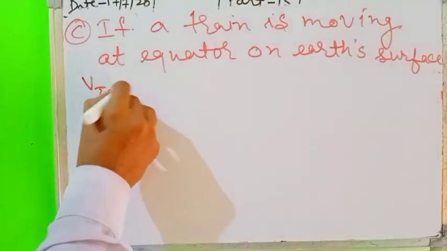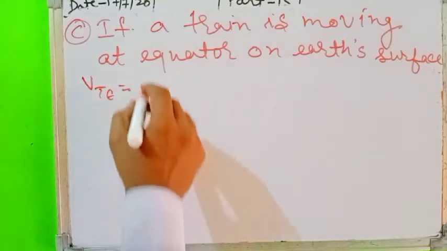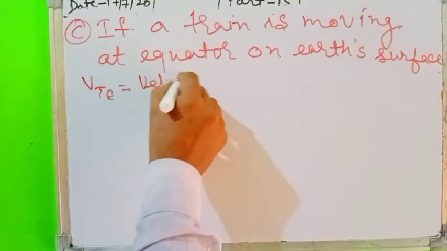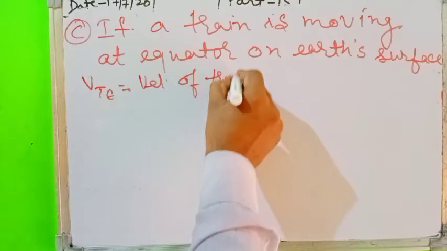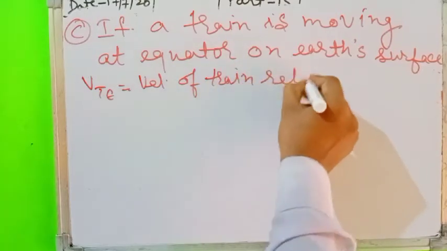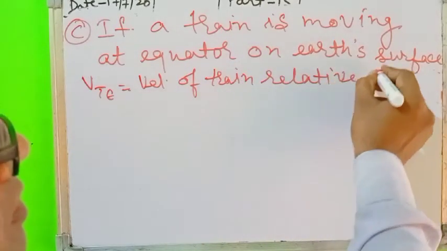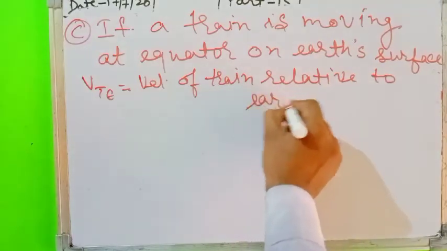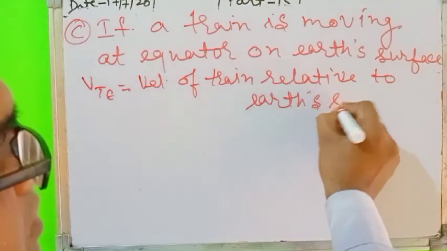VTE, velocity of train relative to Earth's surface.